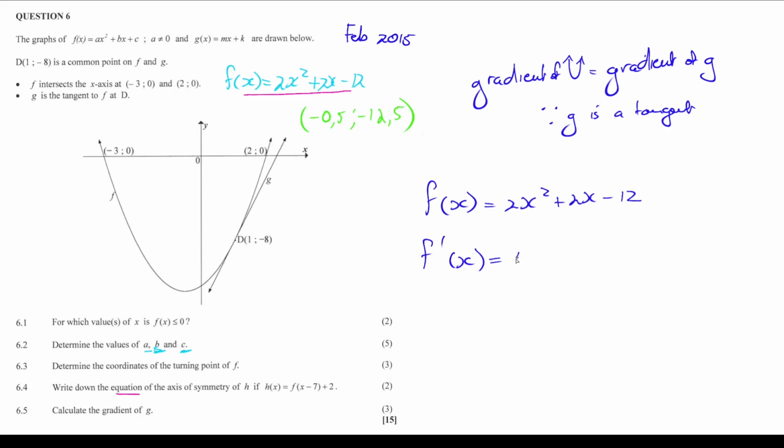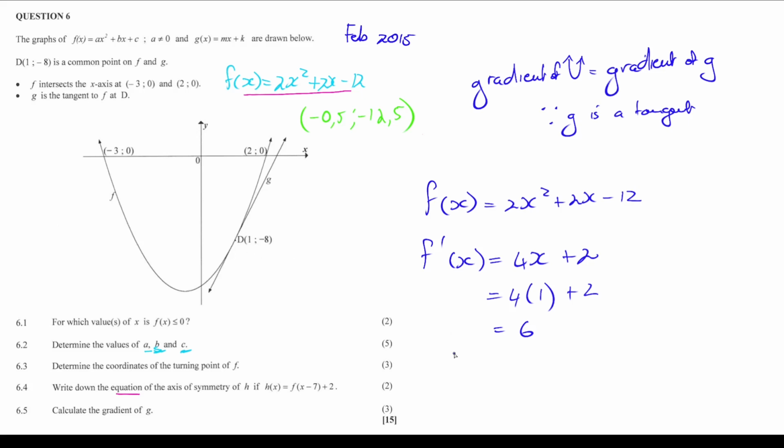First derivative is 4x plus 2. And we want not the first derivative at the turning point, we want the first derivative at this point D. So we substitute in the x value. So we have 4 times 1 plus 2, and 4 times 1 is 4, plus 2 is 6, so our answer is 6.